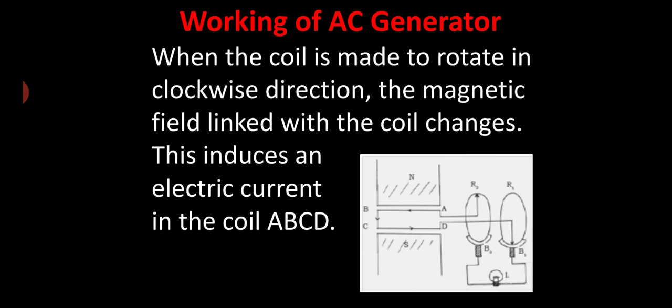That means when we pass current to the coil, it creates a magnetic field and it starts to rotate. But here the difference is we are rotating the coil, then it generates current, electricity, and we can detect that through the glowing of a bulb.